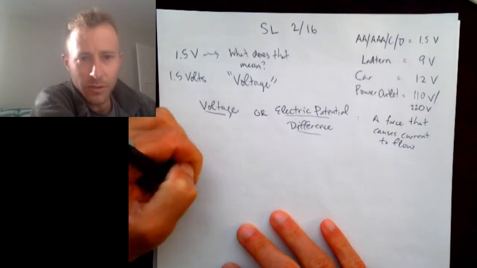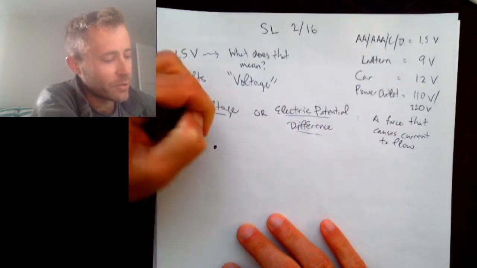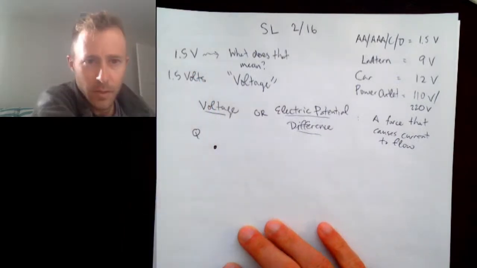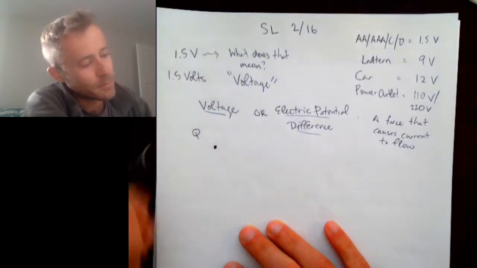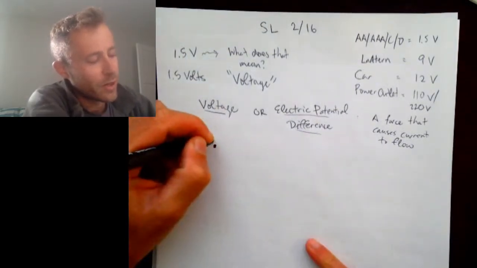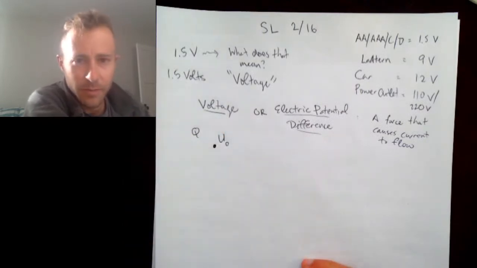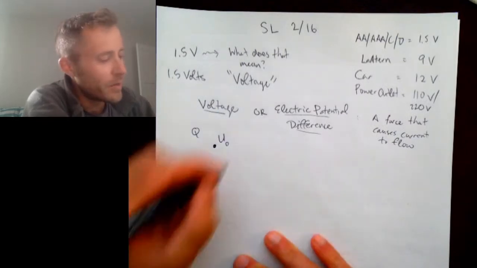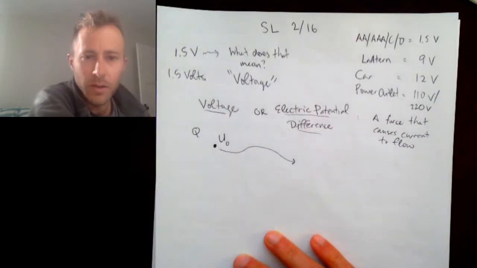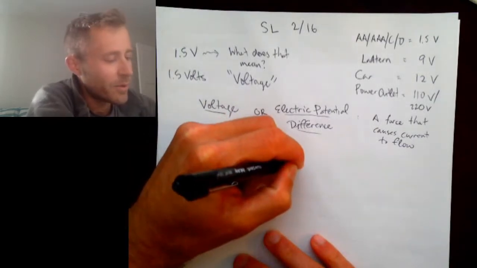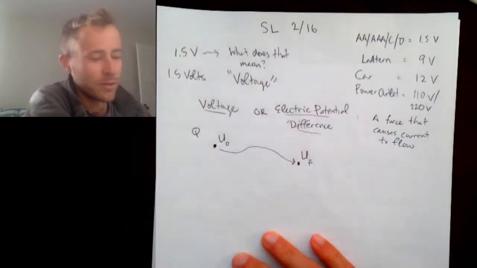So the mathematical definition: let's say you have an electric charge Q. It starts out here, and it has an initial potential energy here, and then it moves someplace else, and it ends up with a final potential energy.